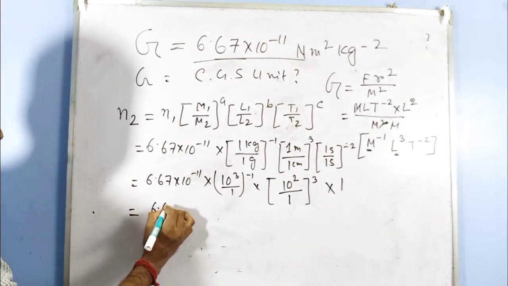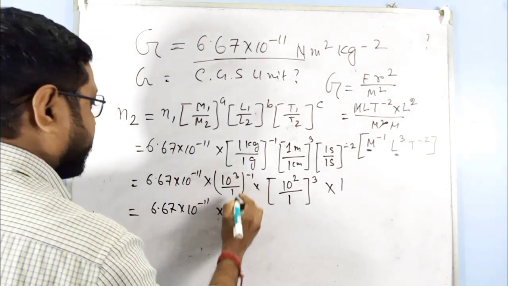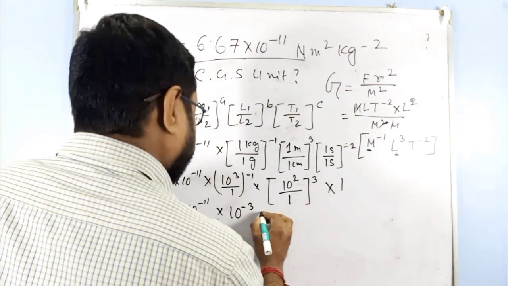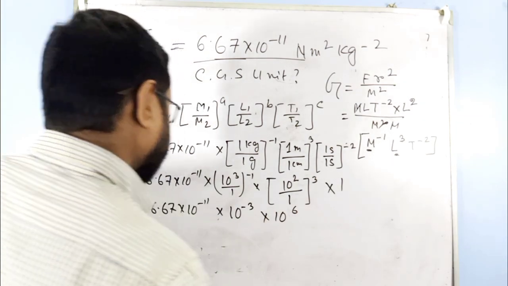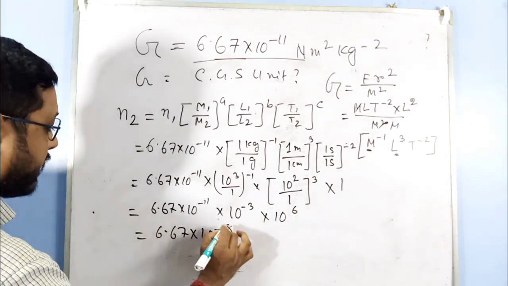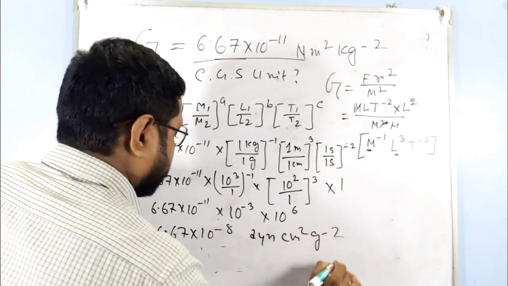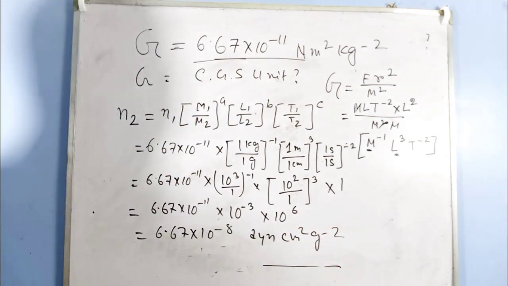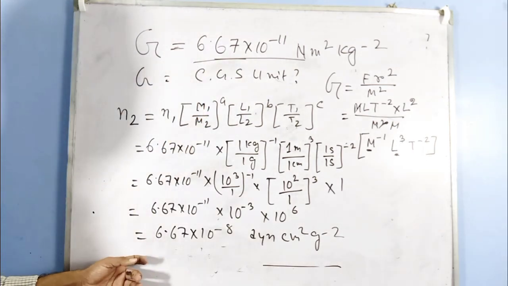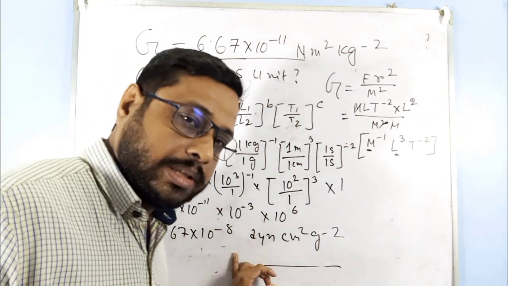So 6.67 into 10 to the power minus 11 times 10 to the power minus 3, 10 to the power minus 3 times 10 to the power 6. That is 6.67 into 10 to the power minus 8 dyne cm square gram to the power minus 2. Okay. So we can easily evaluate the value of the universal gravitational constant in the CGS system.